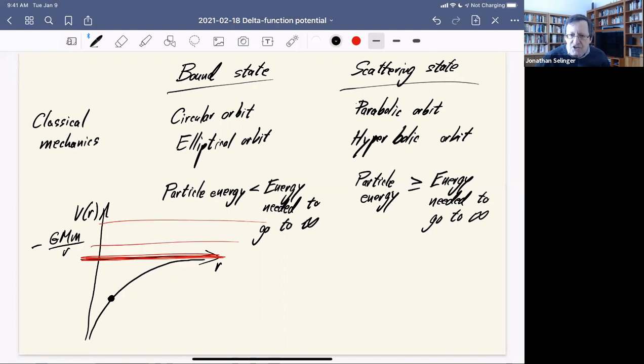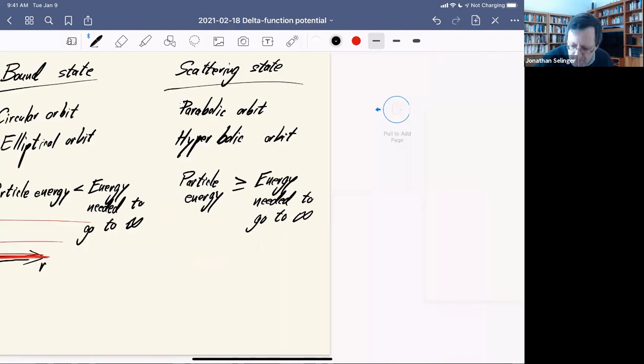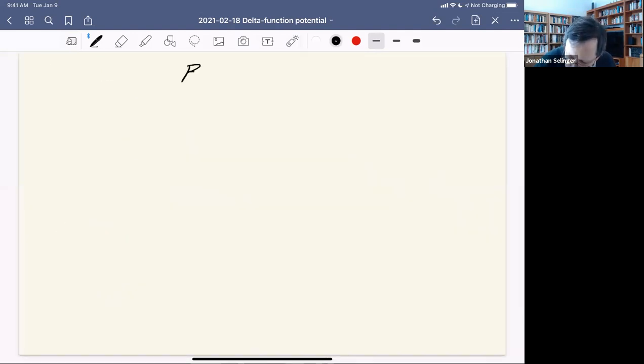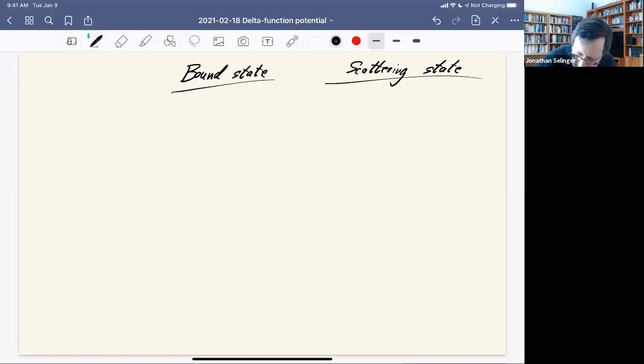Now, let's think about the three quantum mechanics problems that we have done so far with this terminology. So the bound state versus scattering state. Okay, so I'm going to do this for quantum mechanics.